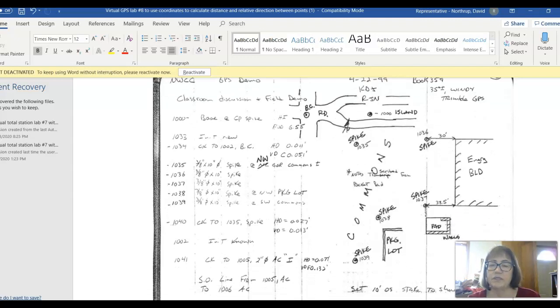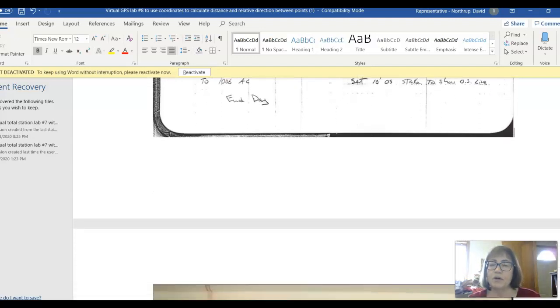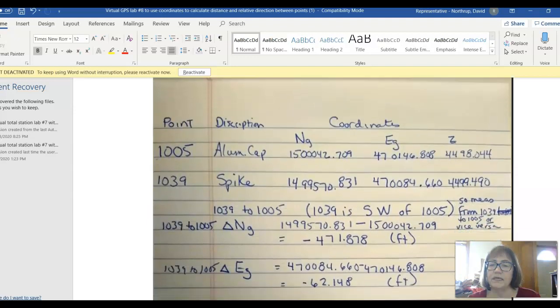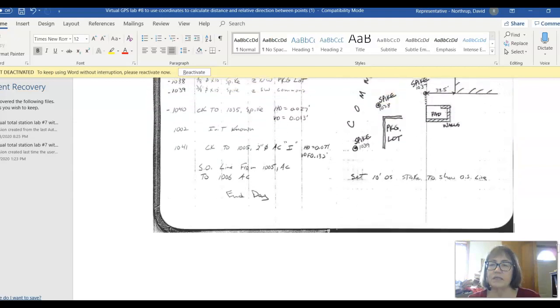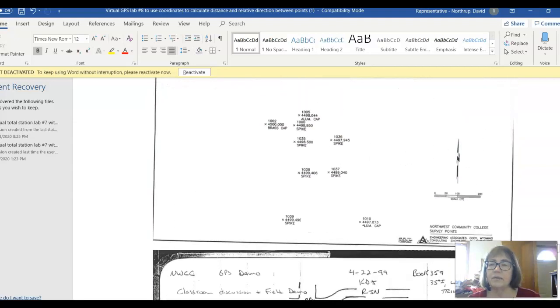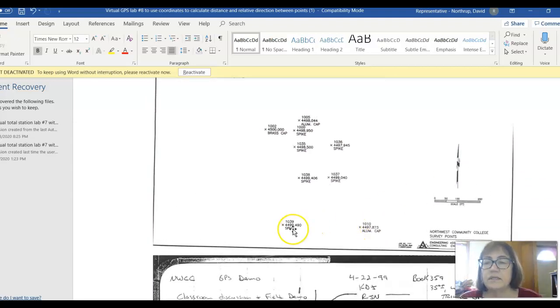All right, so continuing with that idea then, what I find by looking at the points is that point 1039 is southwest of 1005, which means that 1005 would be northeast of 1039. If I go back and I take a look at the data, you can see where I came up with that idea. Here is 1039, and here is 1005.